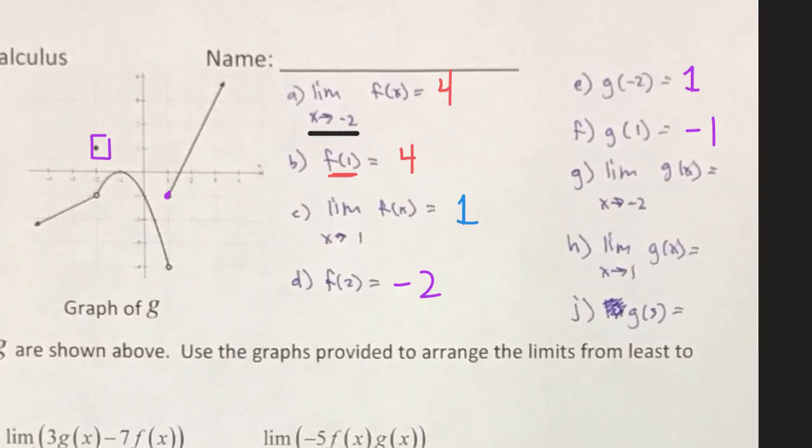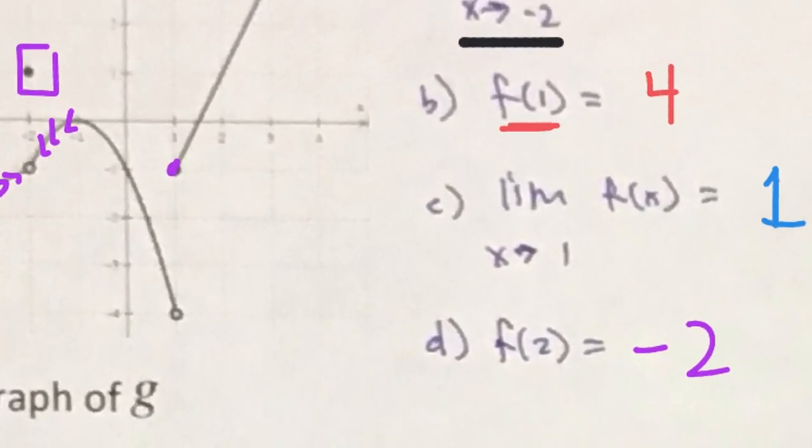Okay, what's the limit as x approaches -2? So where is our graph going? A limit is talking about the graphical. The graph is going towards -1. And what about the limit as x approaches +1?